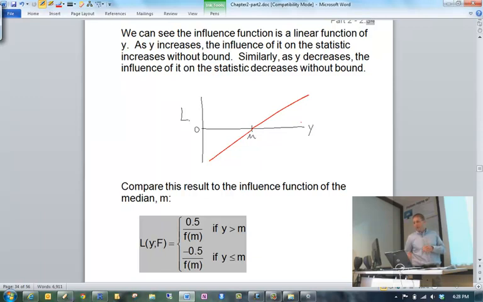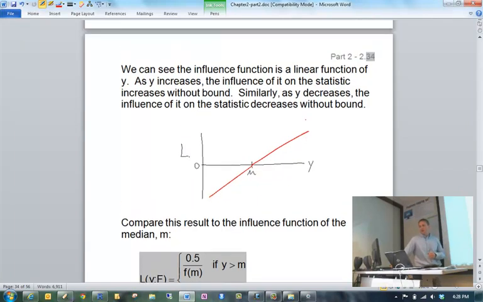Notice I purposely put in one particular line for mu, and L of y, F is equal to y minus mu. So we can see that if y was mu, influence is 0. But as y is increasing, look what's happening. The influence of that y on the mean grows and grows and grows.